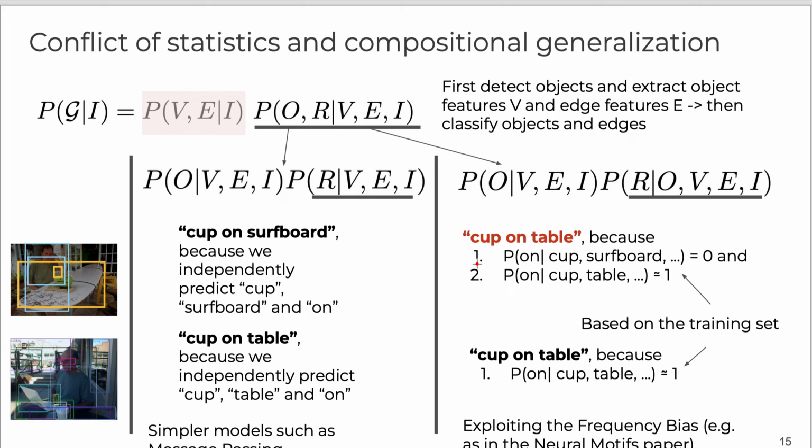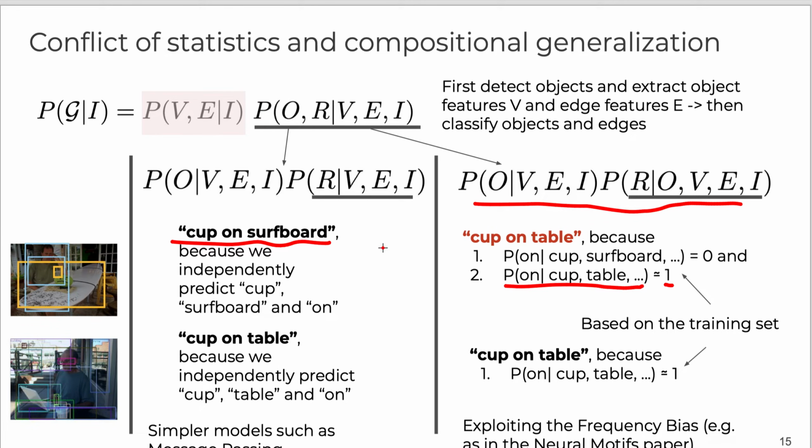Okay, so this problem is also difficult because on the one hand you would like to use the statistical bias that, for example, cap is always on the table, so you would intuitively assume that it doesn't make sense to predict anything else. Like it doesn't make sense to predict a cap on surfboard if statistically the probability of cap on table is 100% or very close to it.